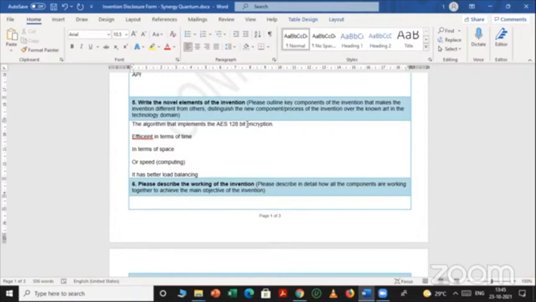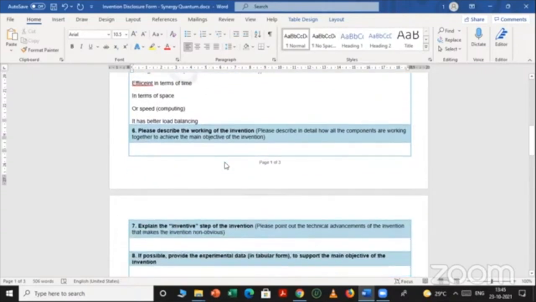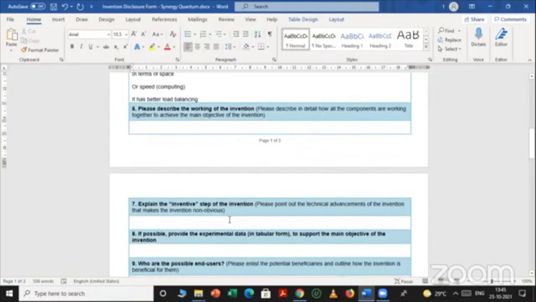Okay, it is fine, but there are other solutions also doing it. Then you argue, okay, we have a novel element where our algorithm is efficient. It provides better computing capability, better load balancing, saves computing cost, and so on and so forth. So you have to tell that inventive step.